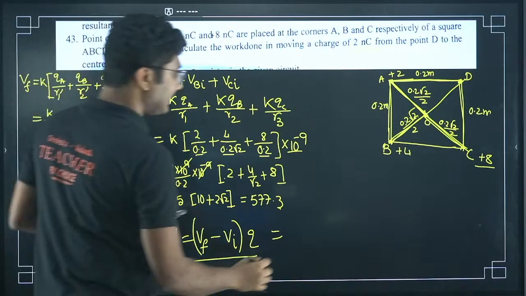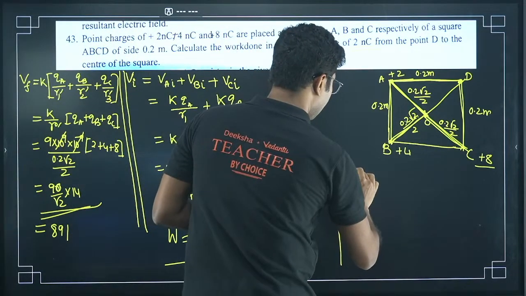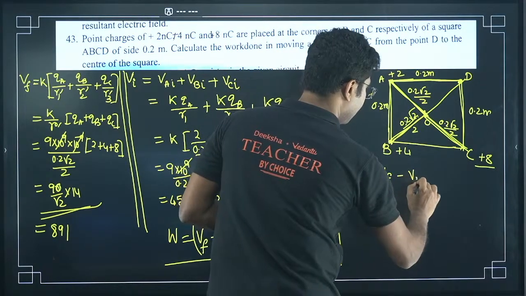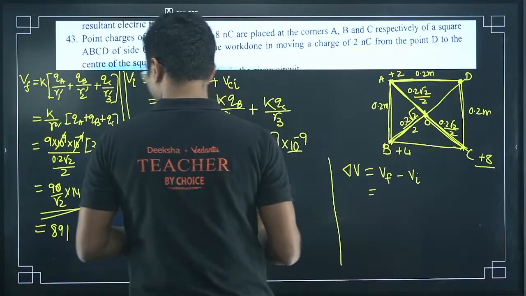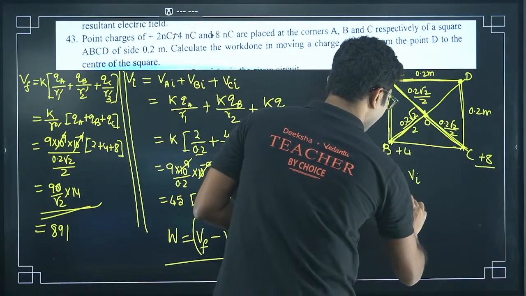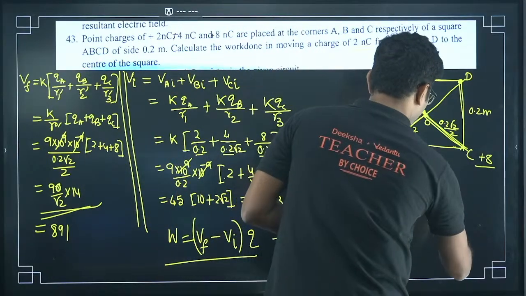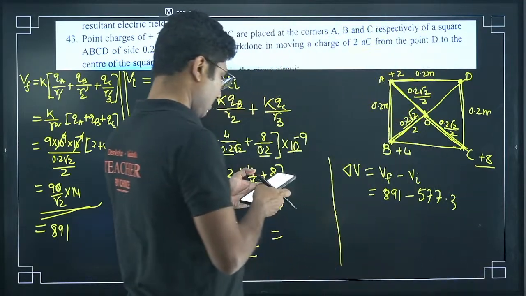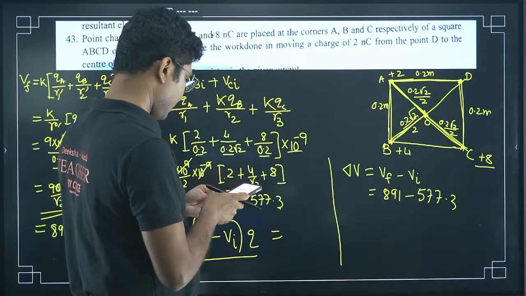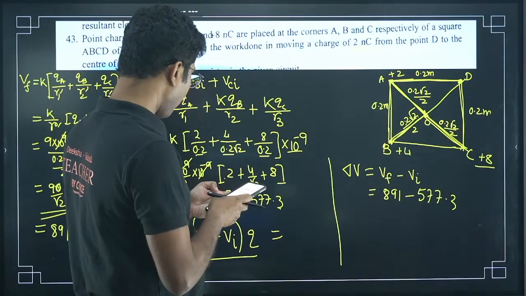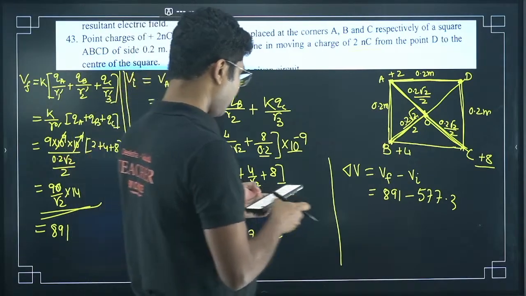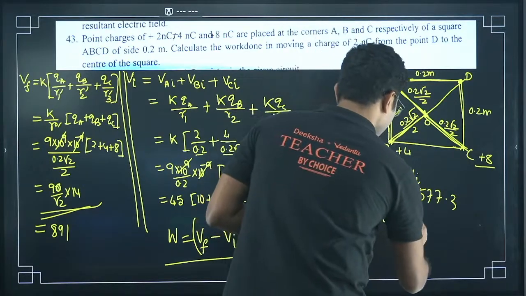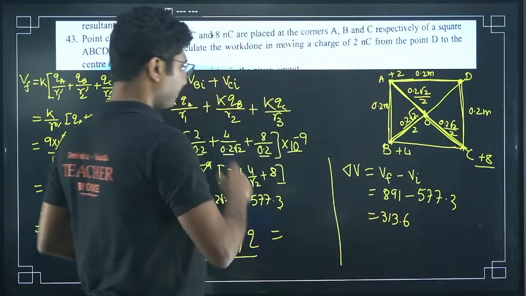So now let's see what is the delta V. Delta V is V final minus V initial, which is 891 minus 577.3. It will be 313.6. Okay.